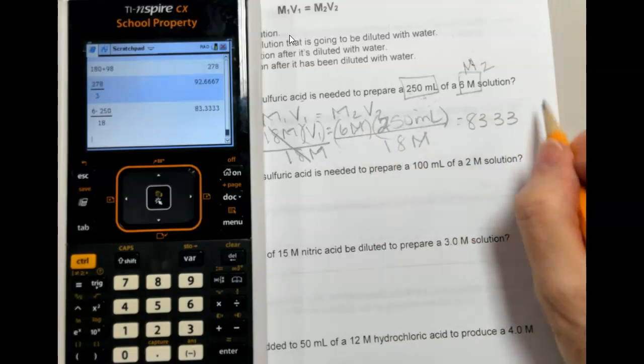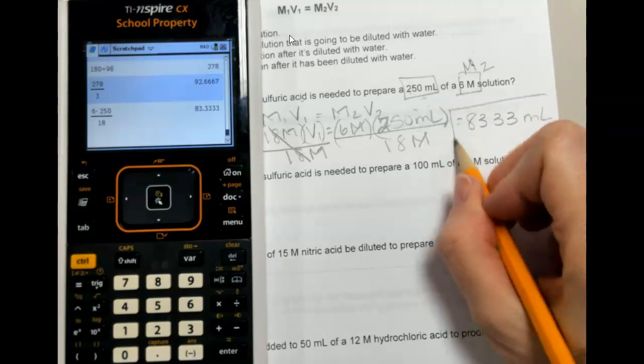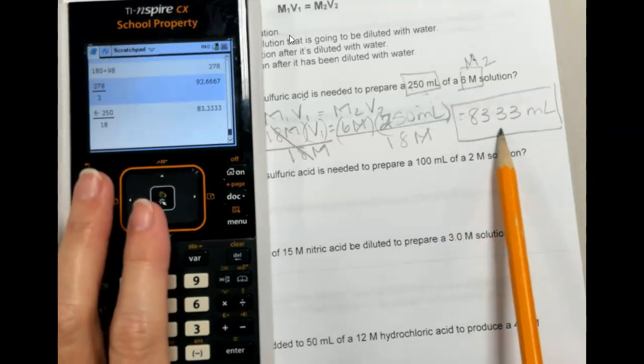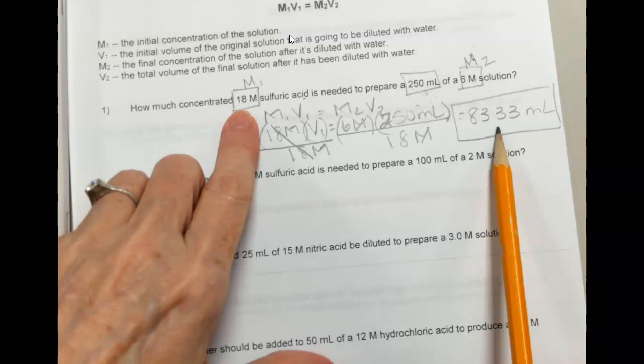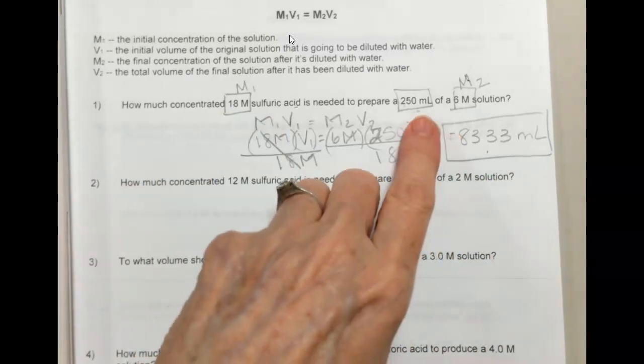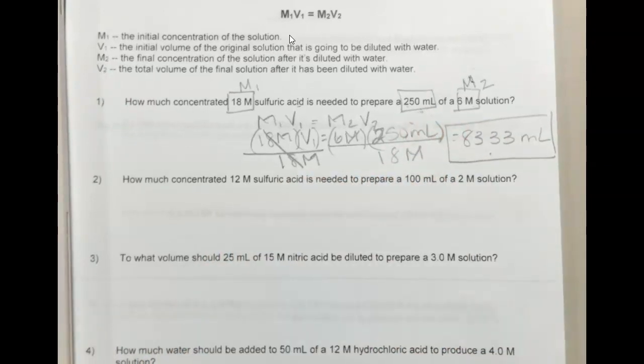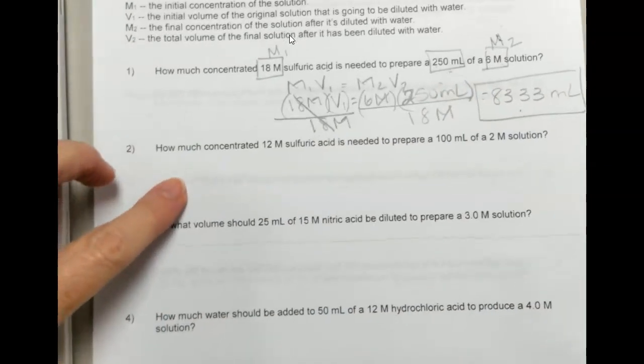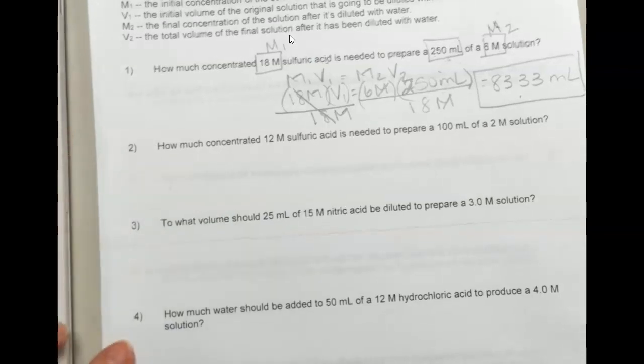Well, those molarities cancel out, milliliters. So this says I need 83.33 milliliters of the 18 molar sulfuric acid to prepare 250 mils of the 6 molar. So you're going to do this same thing on 2 through 5.